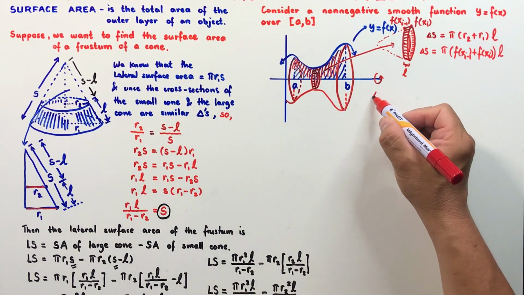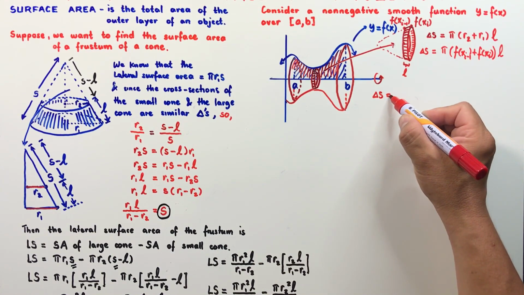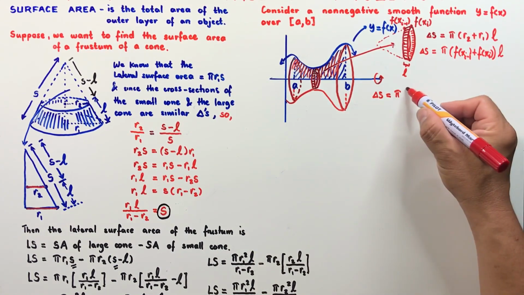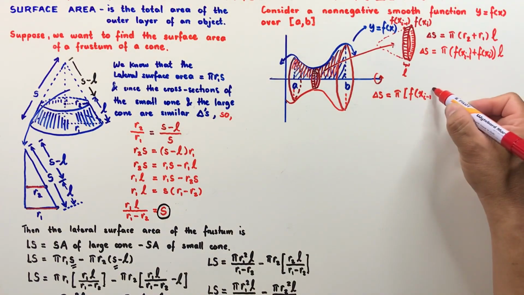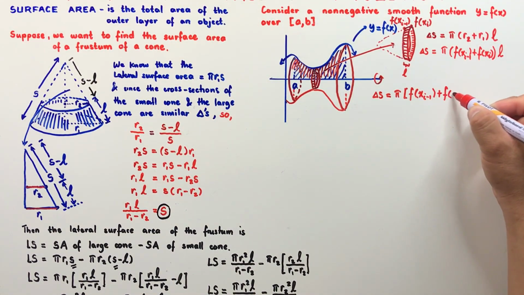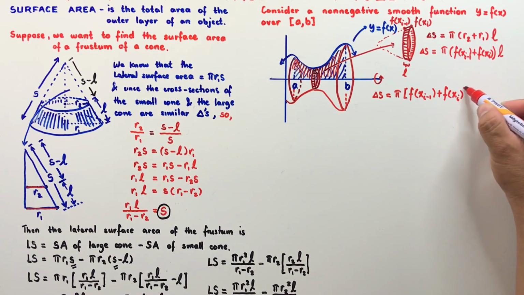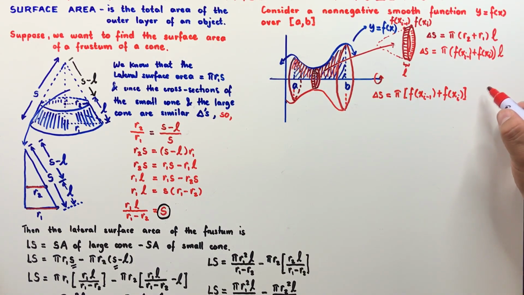But we know already what is the value of this incremental slant height, that this is the one that we derived in the previous video, which is equal to the square root of delta x quantity squared plus delta y quantity squared here.